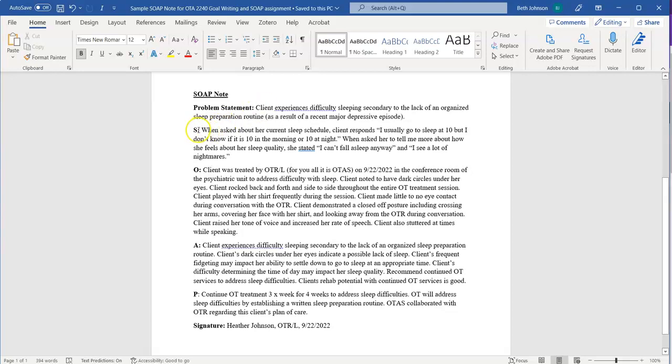Then in your S or your subjective section, a lot of you got comments that stated that you should make sure that you have some context that goes with the quotes. What that means is that it gives the reader an idea of what caused the client to make that statement. So: when asked about her current sleep schedule, client responds, "I usually go to sleep at 10, but I don't know if it's 10 in the morning or 10 at night."